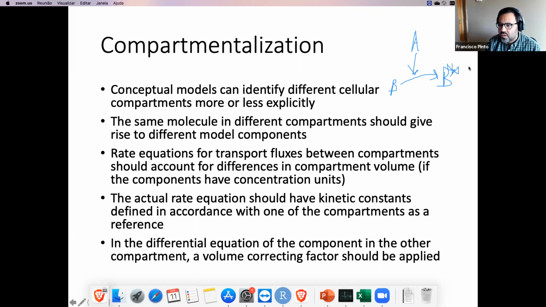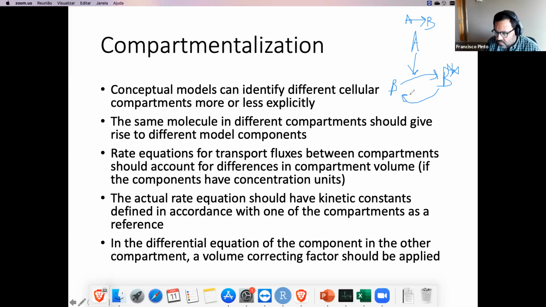So B with an asterisk, and of course there is a process that converts B asterisk back to the inactive form. So sometimes when you have A activates B, for example, in a signaling pathway, that may mean that A phosphorylates B and then B becomes active. That could be that A is converting B into the phosphorylated form of B that is active.